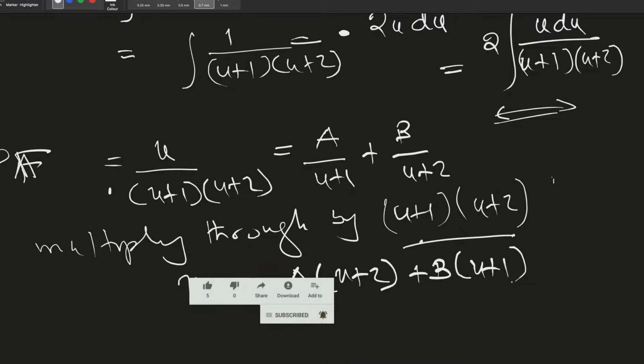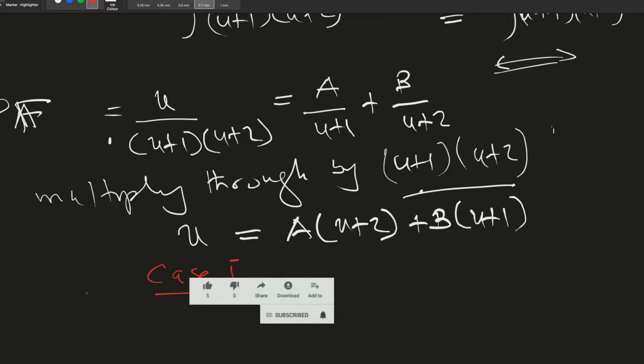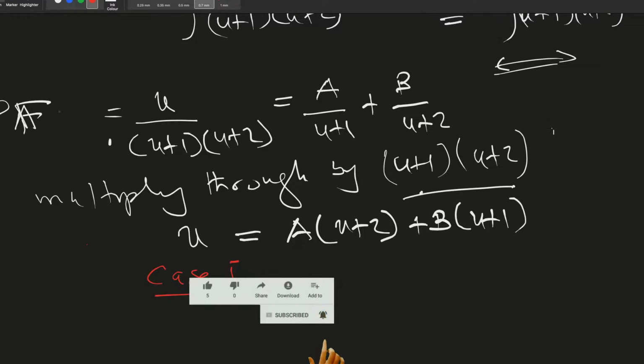How do we do that? Let's break it into cases. So case 1: when u is equal to -2. Why have I chosen -2?